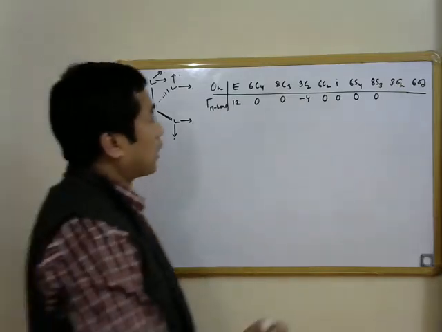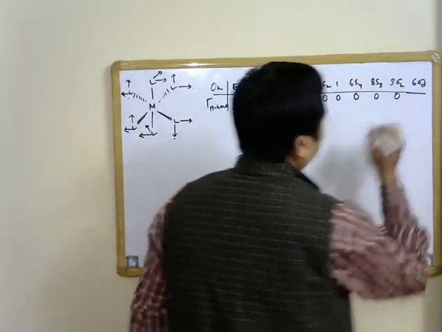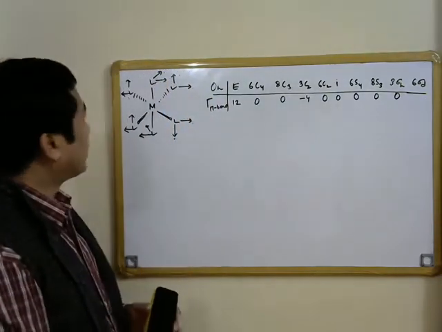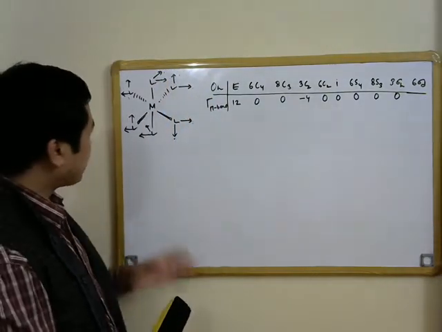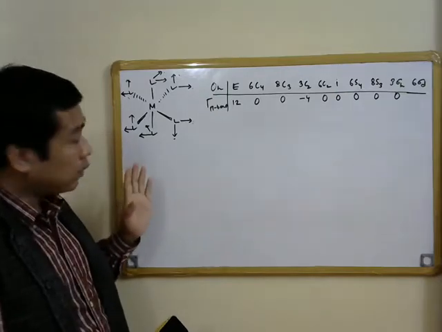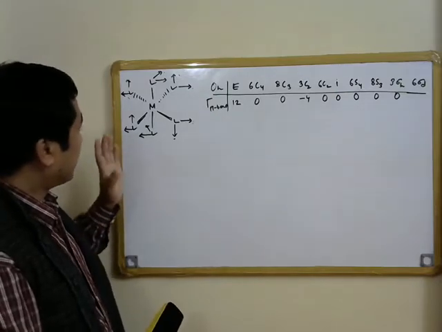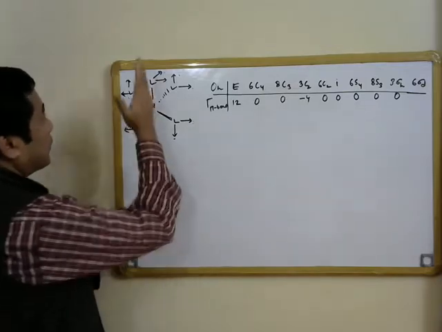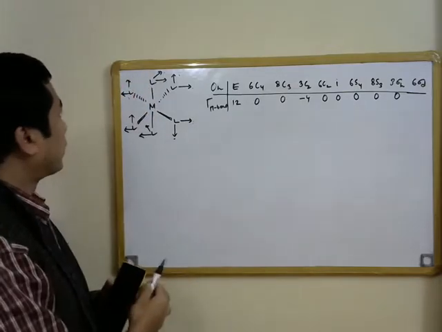So the character again is going to be equal to 0. Then we do sigma d. The sigma d contains 2 of these ligands, and we bisect the molecule in this way when we perform the sigma d operation.